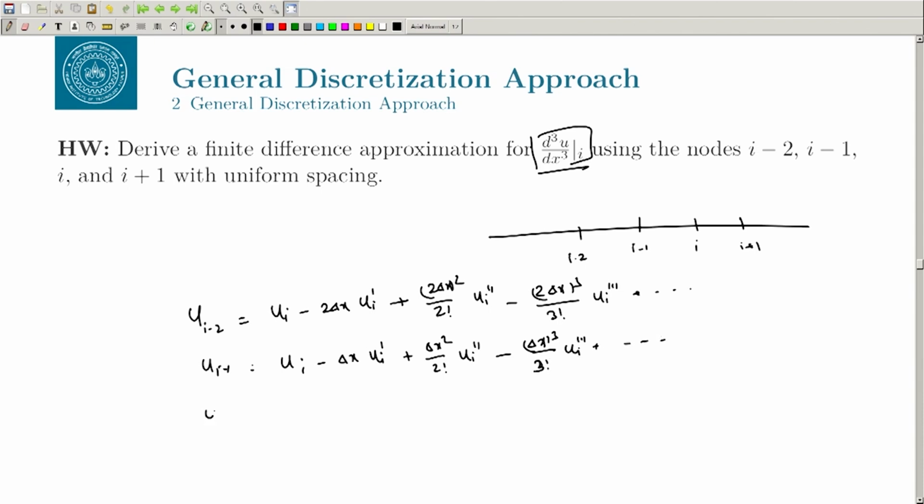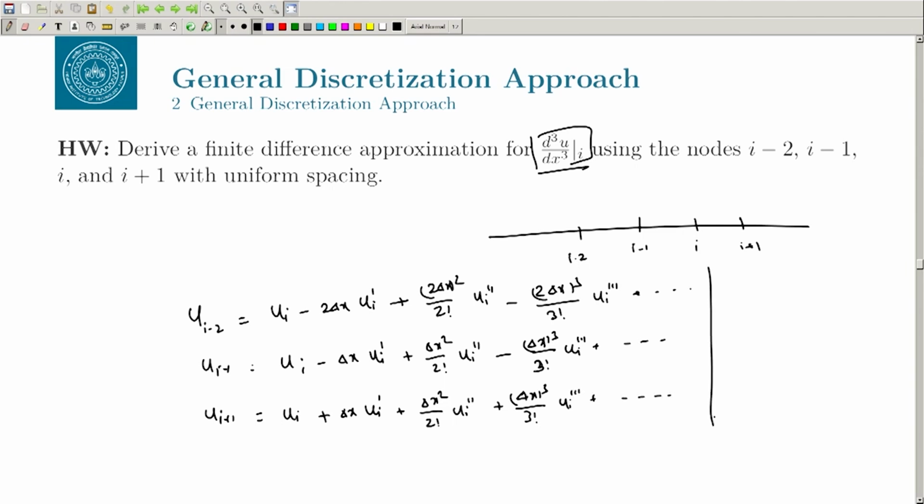Similarly, you have u I plus 1 equal to u I plus delta x u I prime plus delta x square by factorial 2 u I double prime plus delta x cube by factorial 3 u I triple prime and so on and so forth.